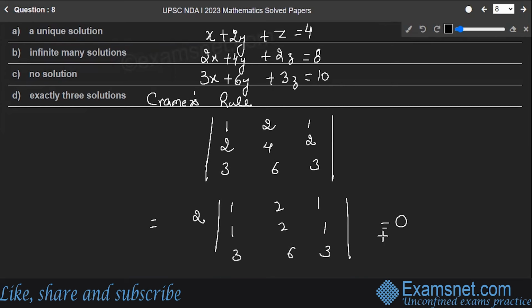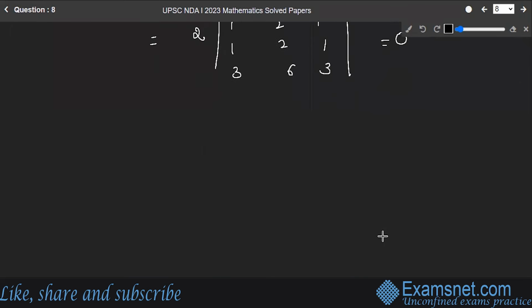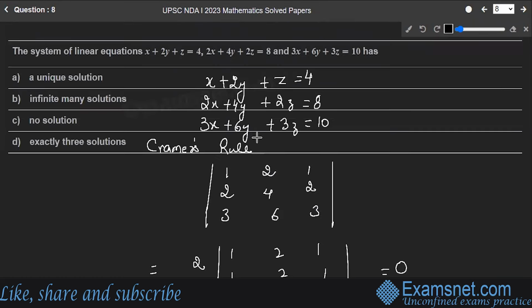Let's go for delta 1. So delta 1 is equal to determinant of, now this time it's 4, 2, 1, 8, 4, 2, and 10, 6, 3. Here what I have done, I have omitted the z coefficients.